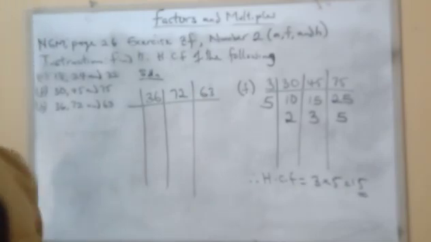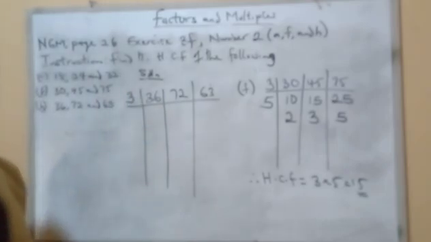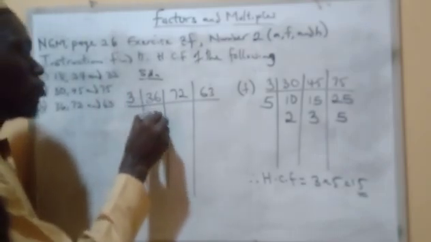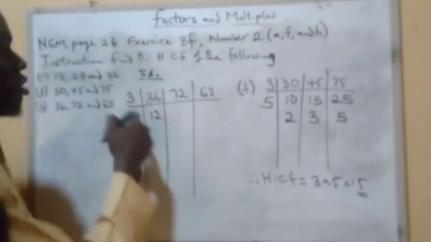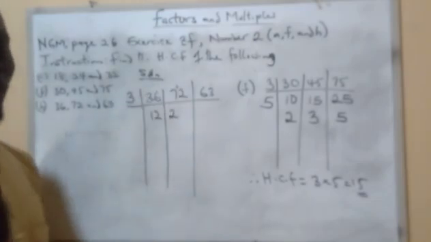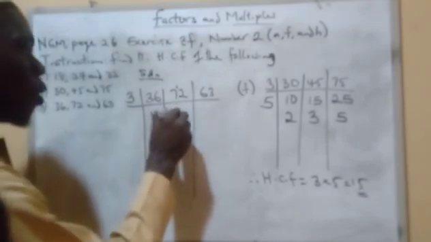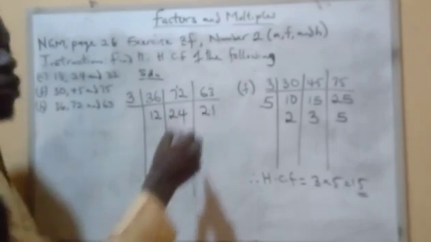So we use 3. 3 in 36 gives you 12. 3 in 72 gives you what? 3 in 7, we have 2, remainder 1, in 12 that is 4, so 24. 3 in 63 is 21.